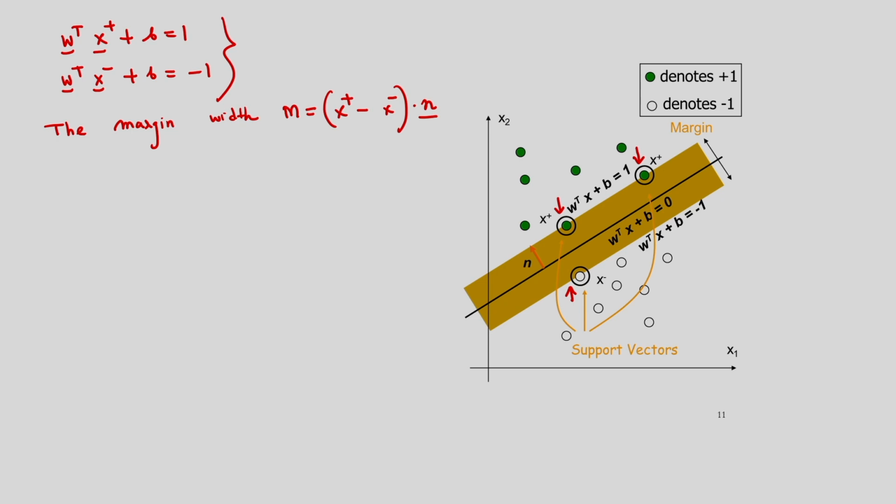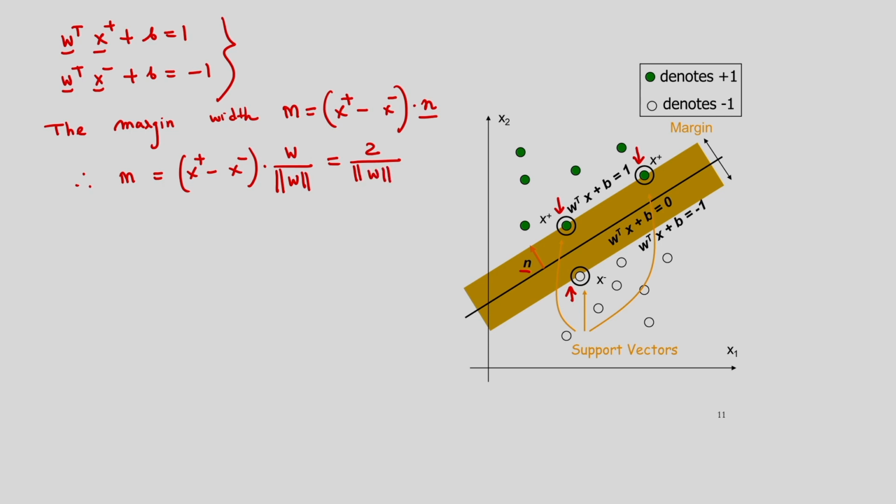In this figure also you can see the unit vector n. So this m now can be determined like this: x plus minus x minus, dotted with the unit vector. This x plus and x minus, they are support vectors. This unit vector is w divided by w norm, and that will be equal to 2 divided by w norm. So that is the width of the margin.